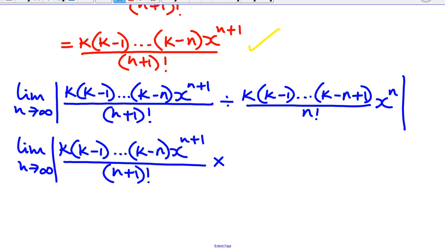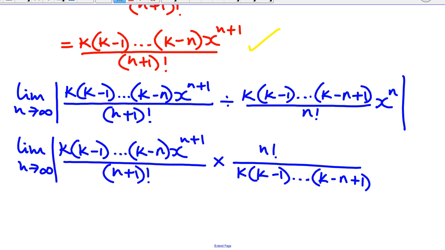Now I'm going to change this to a multiplication, so I'll have n factorial over k into k minus 1 up to k minus n plus 1, x to the power n. Absolute value of that. It's a lot of things to write here, so I have to keep checking that I haven't made any mistake.